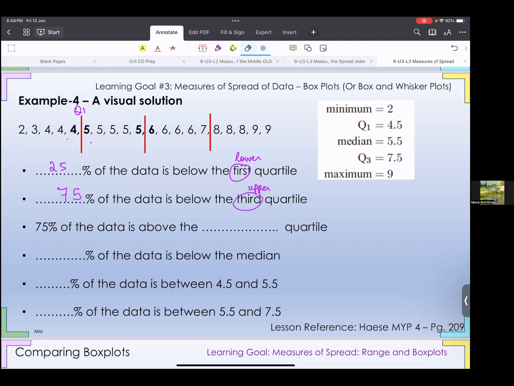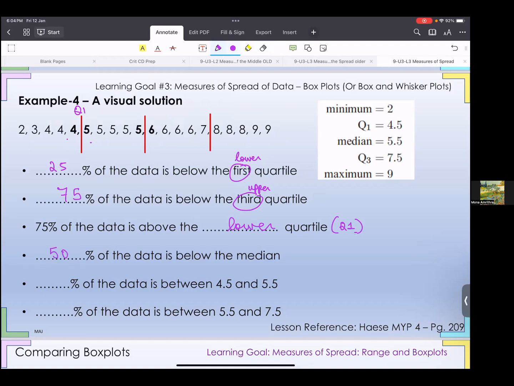75% of the data is above which quartile? Above which quartile do we have 75% of the data? That's 25, 25, 25. So 75% of the data is above the lower quartile. What percent of the data is below the median? 50%.